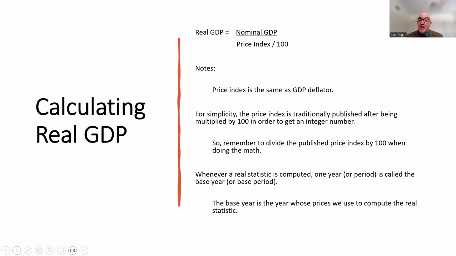And so what we do is we put real GDP equals nominal GDP over the price index divided by 100, to turn it into a percentage change. And the price index is the same as a GDP deflator.